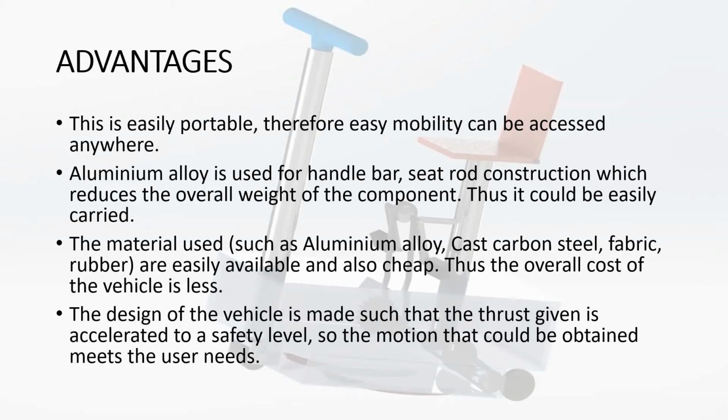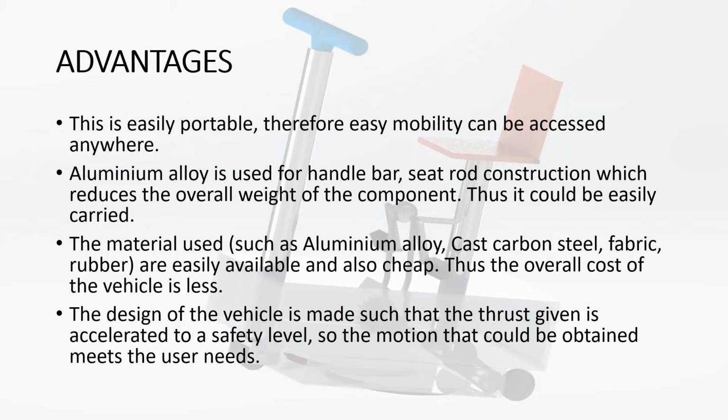The materials used, such as the aluminum alloy, the cast carbon steel for the gears, fabric for the seats, and rubber for the tires, are easily available in the market and are also cheap. Thus, the overall cost of the vehicle is decreased. The design of the vehicle is made such that the thrust given is accelerated to a safety level so that the motion could be obtained very easily, and this motion obtained meets the user's needs.